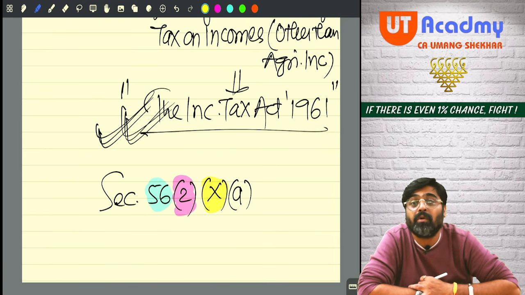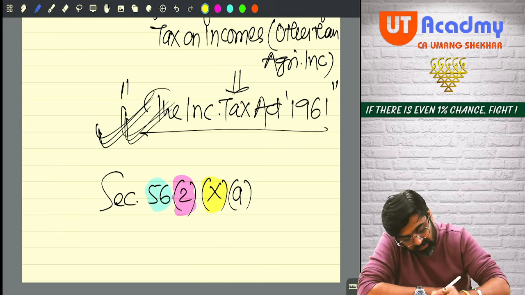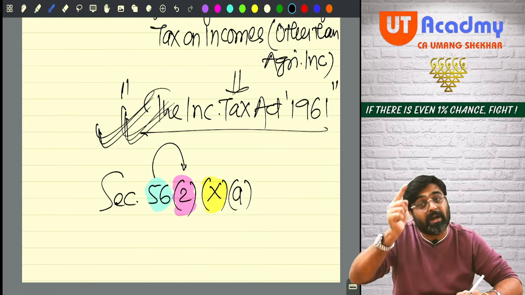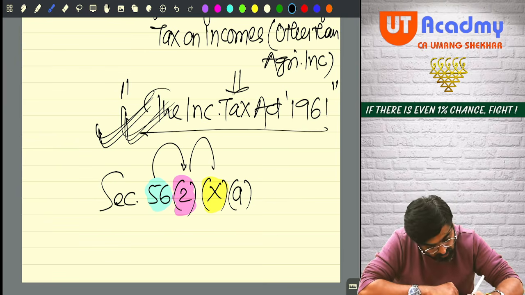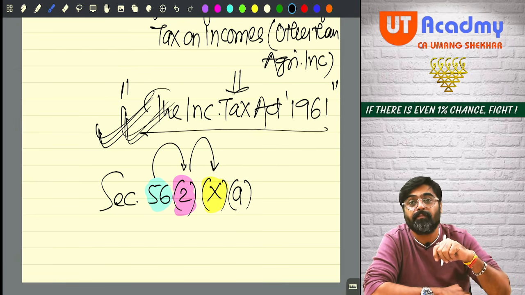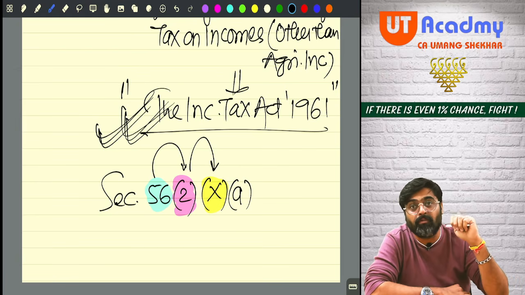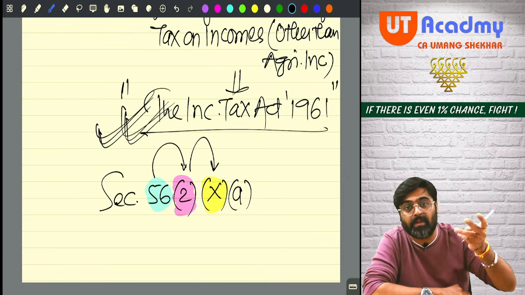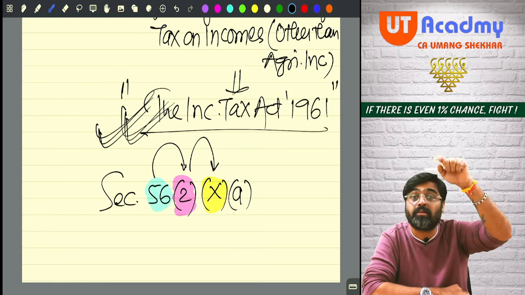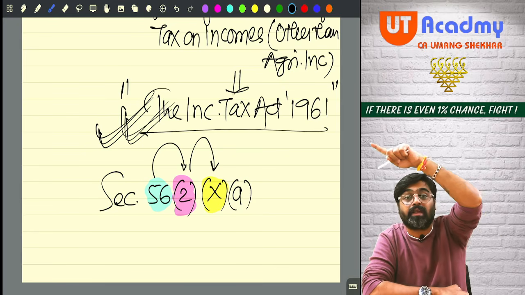So in section number 56, there is subsection 2, and in subsection 2, there is clause number 10. That means in subsection 2, clause number 1 will be there, clause number 1A, clause number 1B, clause number 1C, clause number 2, clause number 3, clause number 4. Likewise, this is the 10th clause in subsection 2.